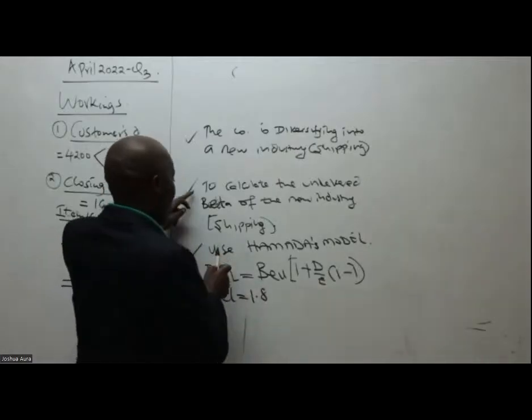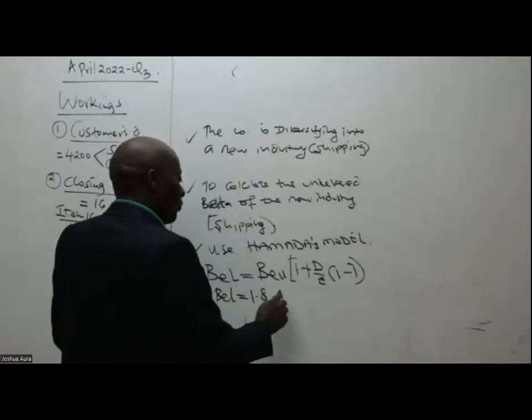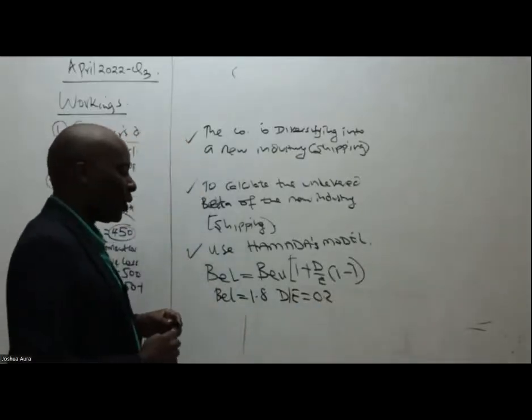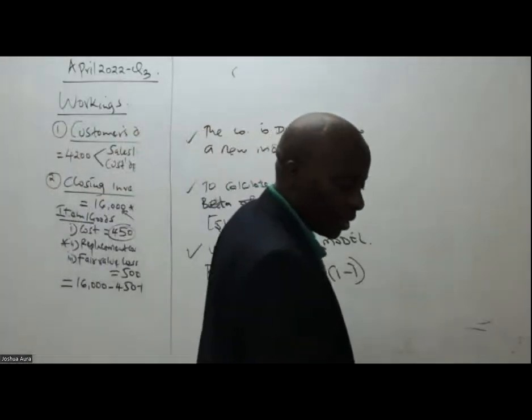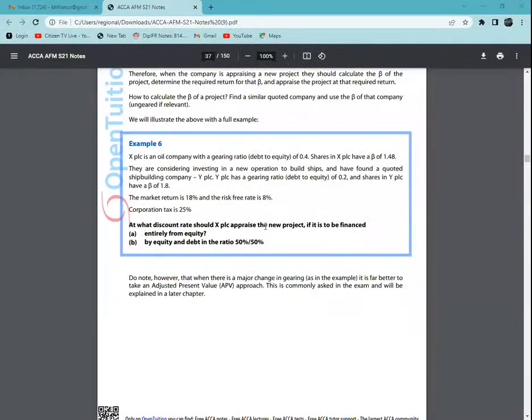We're talking of the new industry, 1.8. And for this new industry, they have given us a debt to equity ratio of 0.2. They have told us debt to equity of this is 0.2.